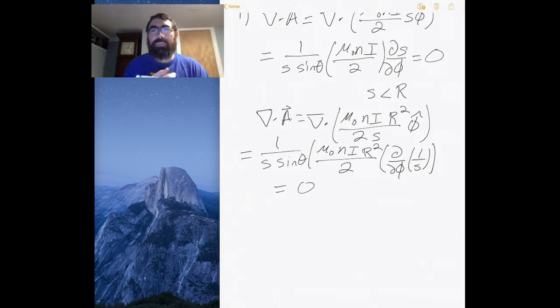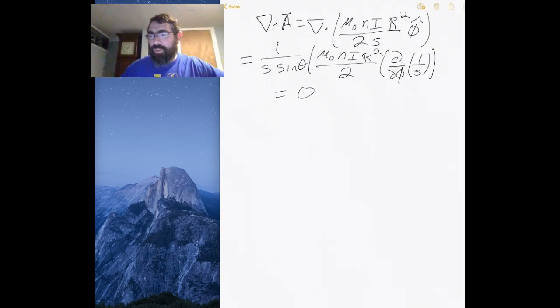So the good news is that even though we didn't use the statement that the divergence of the magnetic potential is 0, the result we get satisfies that criterion.